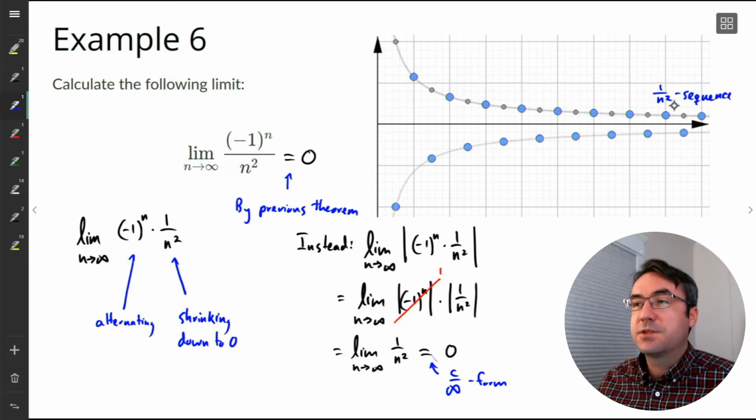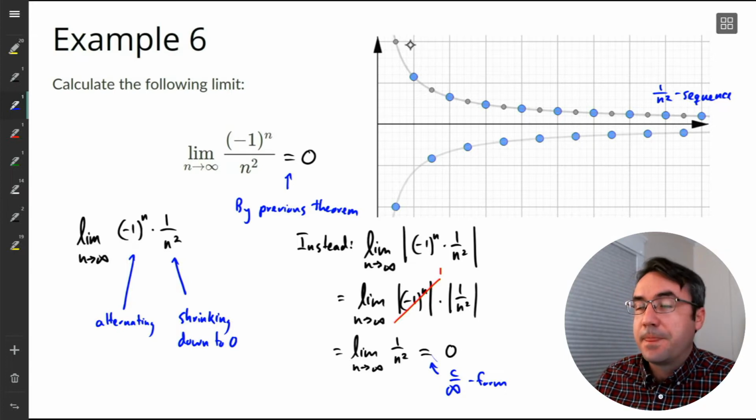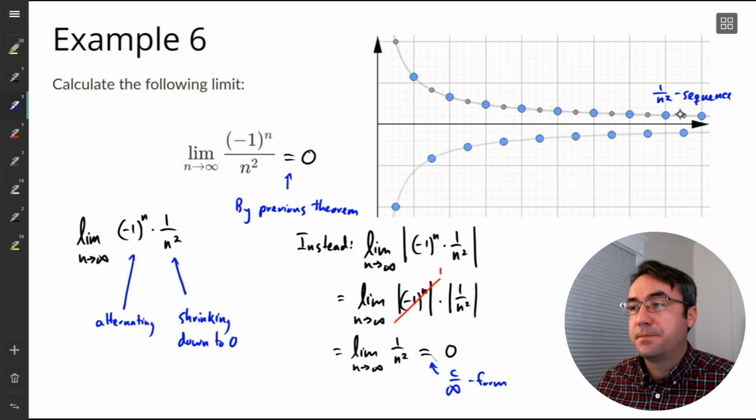Our 1 over n squared sequence, what we got when we applied the absolute value, is on this upper curve. And what that alternating piece did is it took some of them and made them negative. But altogether, even though those alternating terms are bouncing back and forth, collectively they're all still approaching that common value of 0.